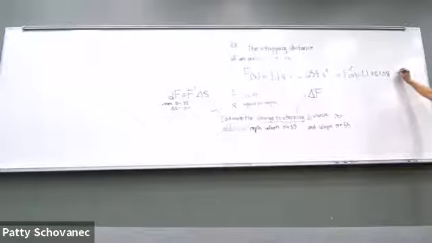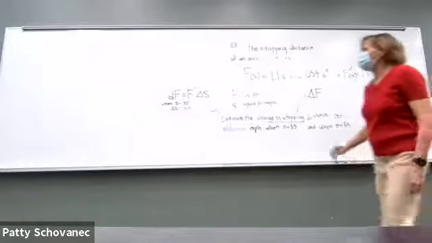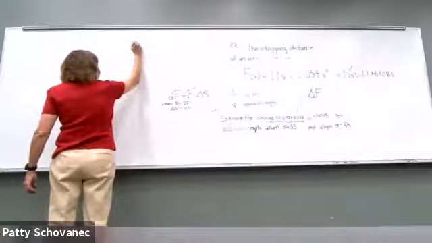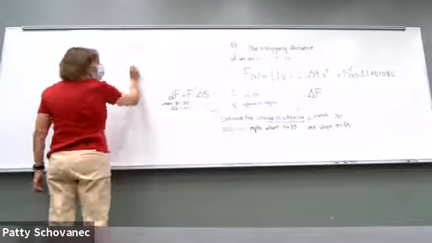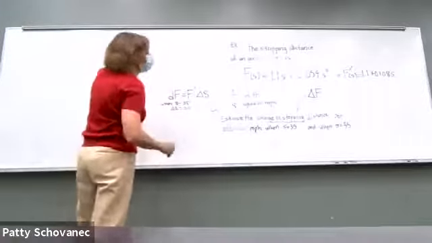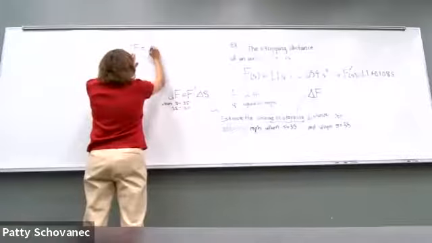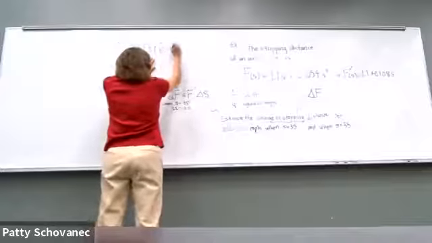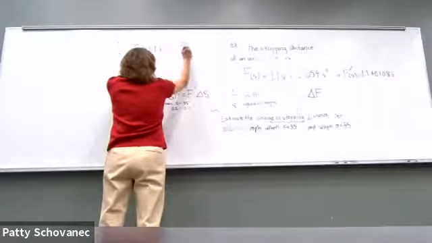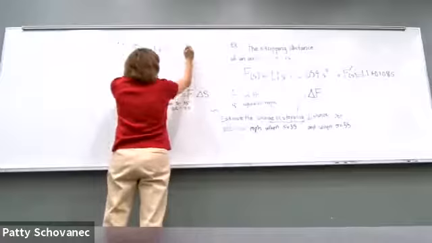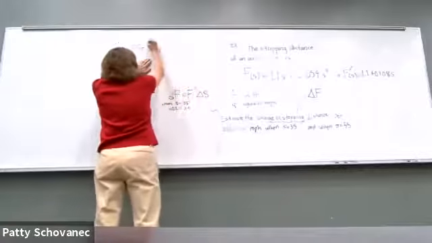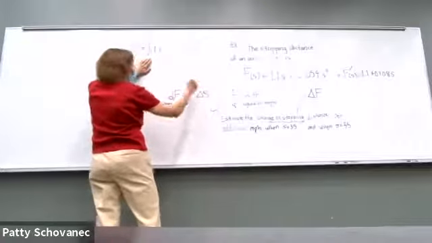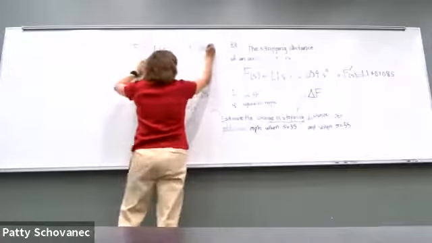So 0.108 times s. So we have that the change in stopping distance is roughly equal to dF, which is 1.1 plus 0.108 times, I said let's use 35 as s. So that's the f prime. Now times the delta s, which is 20.